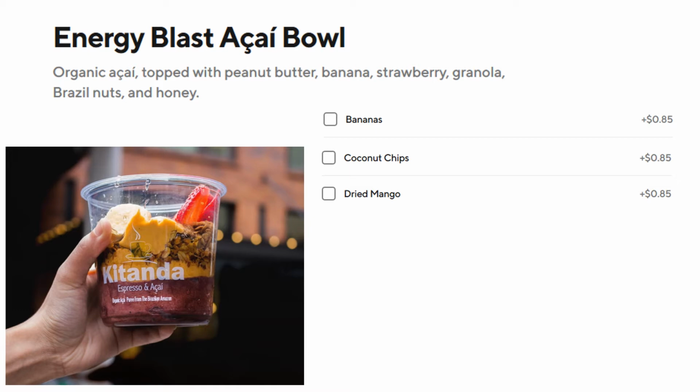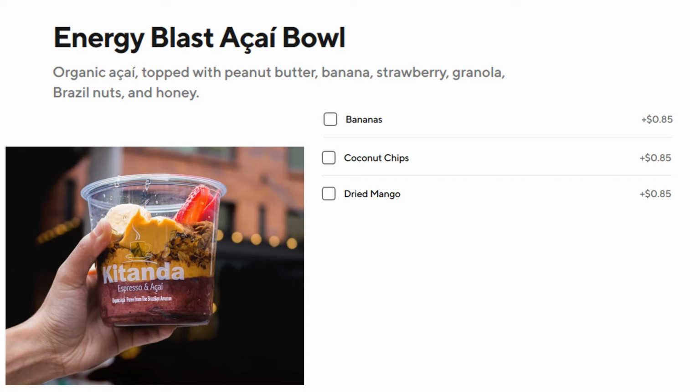They make acai bowls and other things, but I love acai bowls. Acai is a fruit that they make. It's almost like a sorbet, because it's frozen. My favorite one is topped with peanut butter, banana, strawberry, granola, Brazil nuts, and honey.